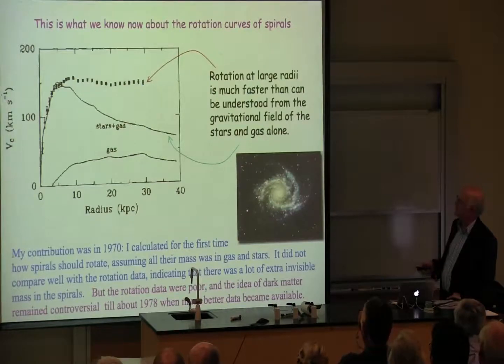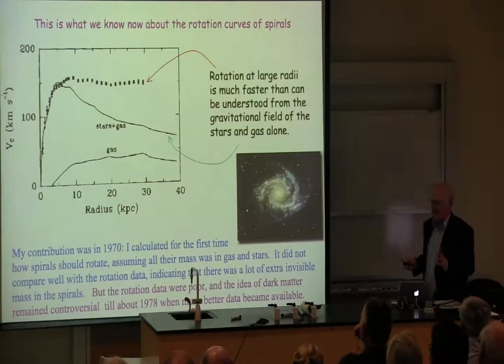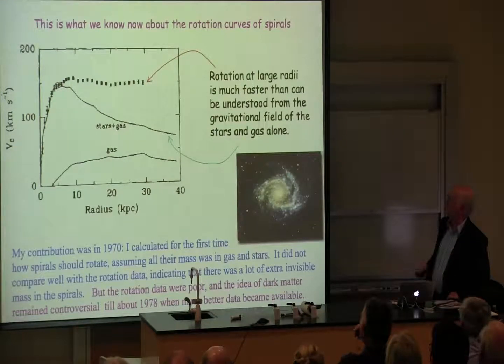I'll tell you about that in just a second. Now, it's the difference between the gravity associated with this observed circular motion and the gravity associated with what we expect. That's the dark matter contribution. Okay? So that was the very clear indication that there's much more to these galaxies than we think.